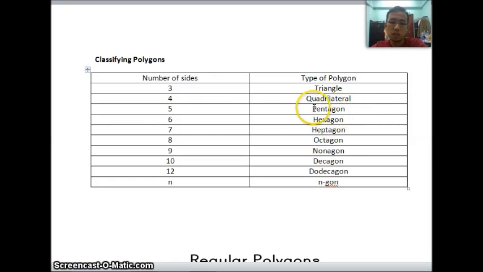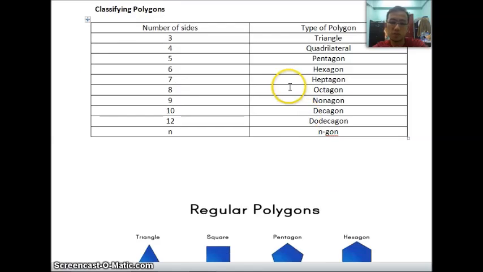As we can see, there's a pattern behind the names, because behind every early name we add a gon, G-O-N. The penta, hexa, hepta is a name from a Greek prefix, I suppose.